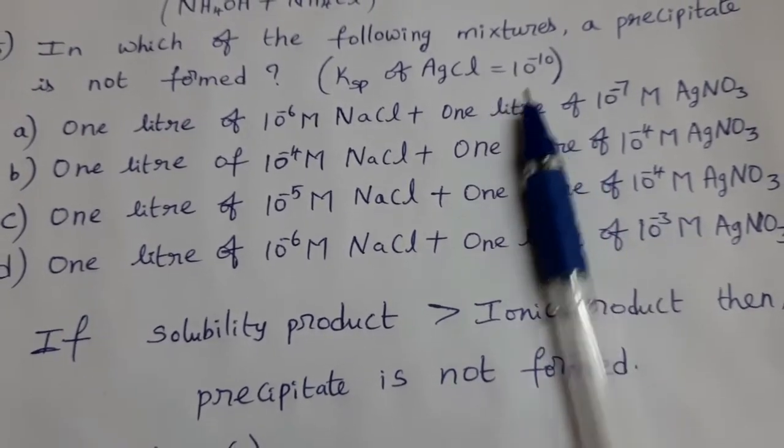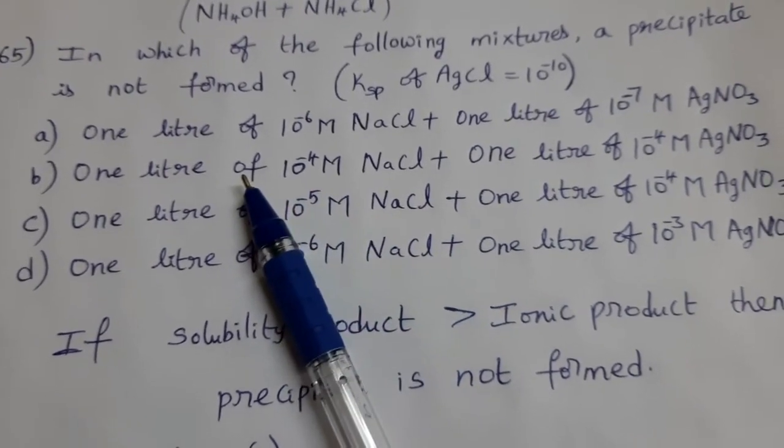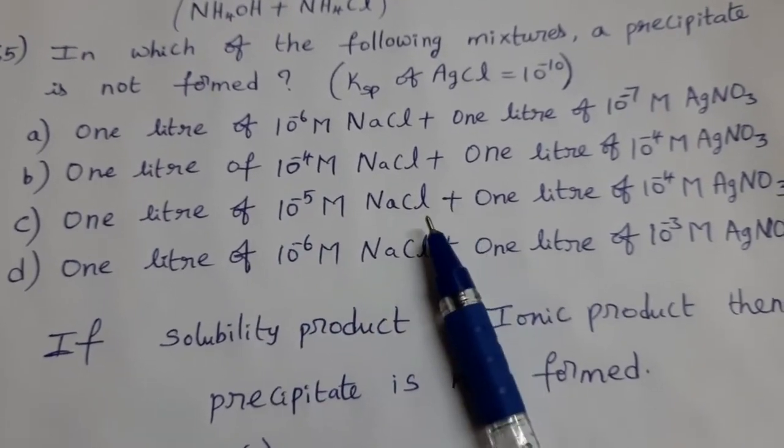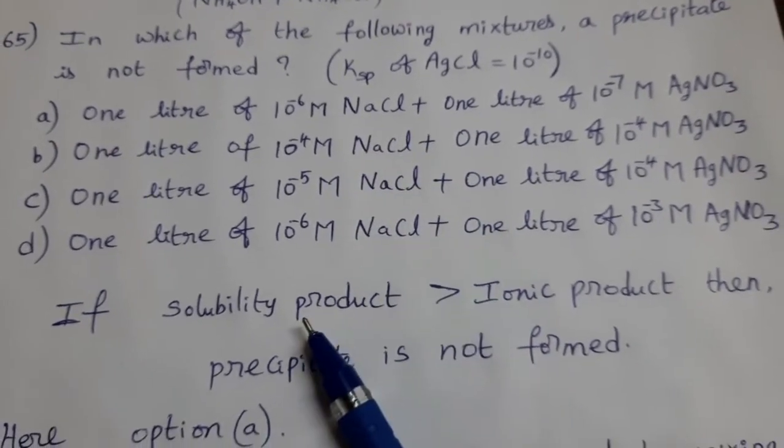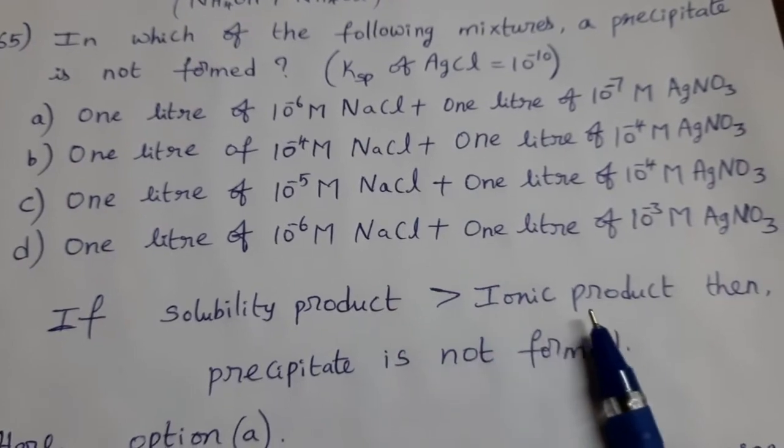It is also greater than this one. In case of options B, C, D, precipitate is obtained in each case. In case of option A, precipitate is not obtained. The condition is solubility product greater than ionic product.